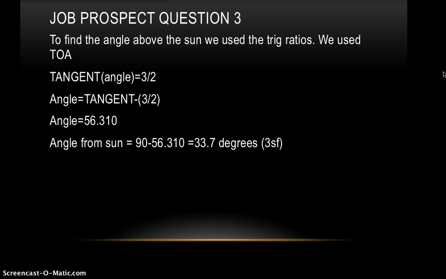Because it's a 90-degree angle, we use 56.310 to find the other angle from the 90 degrees. So 90 minus 56.310 equals 33.7 degrees, which is accurate to 3 SF.